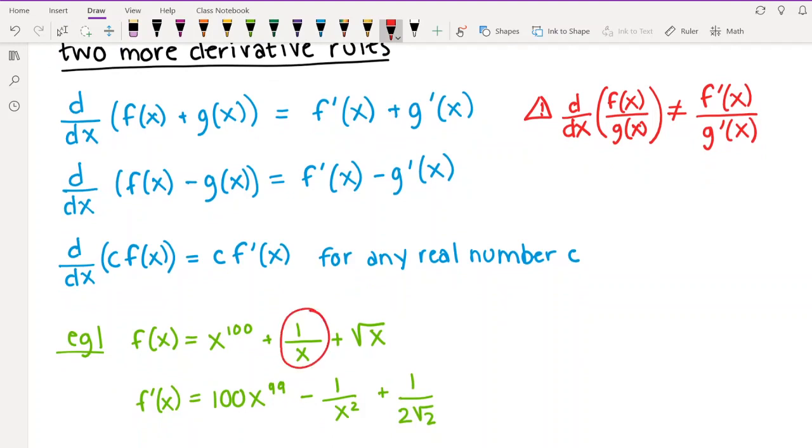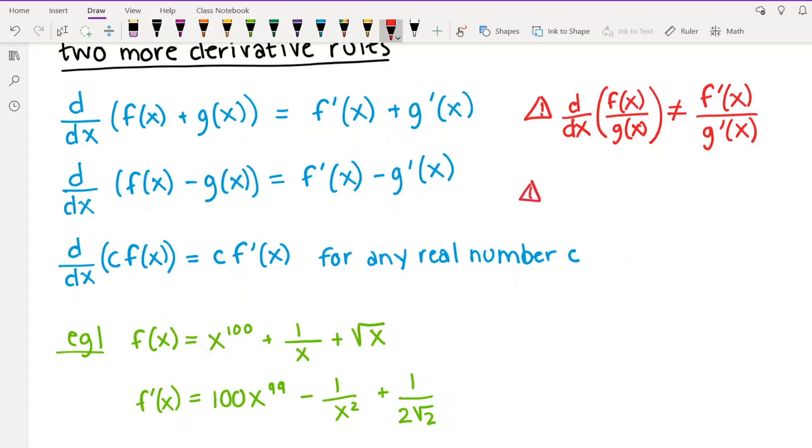If you tried to take the derivative of the top and the bottom separately, the derivative of 1 is 0, because 1 is a horizontal line at a height of 1, and the derivative of that is 0. And the derivative of x is 1. So you definitely would not get negative 1 over x squared. So we already have evidence that that rule does not work.